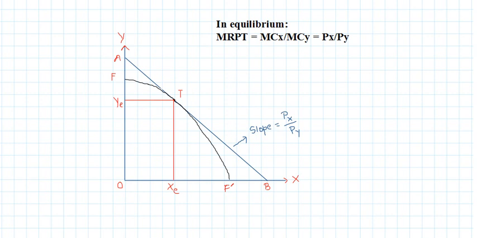However, the equilibrium is obtained where MC is equal to the price of the commodity. That's how you can understand general equilibrium with the help of diagrams and the various equilibrium conditions that you have studied so far in economics.